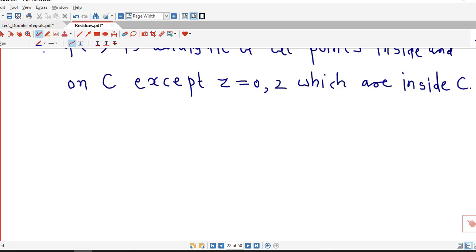To apply it, we require the residues of f of z at z equal to 0 and at z equal to 2. So first we find the residues of f of z at z equal to 0 and z equal to 2.